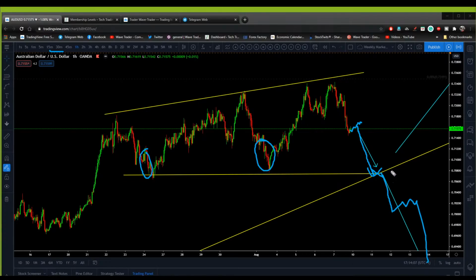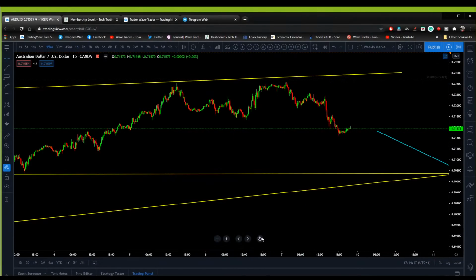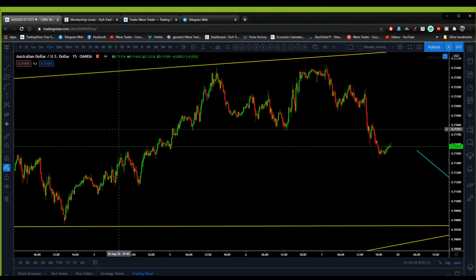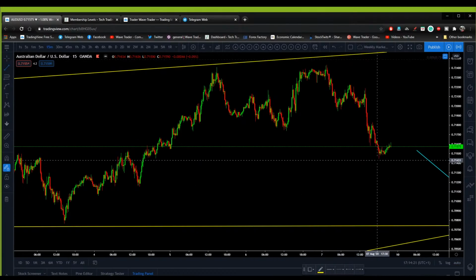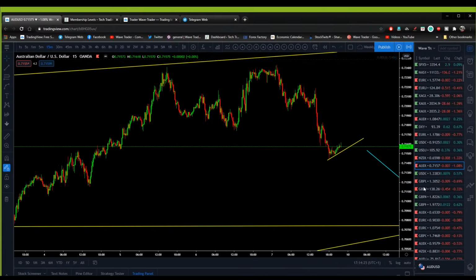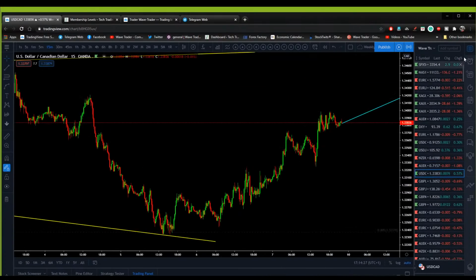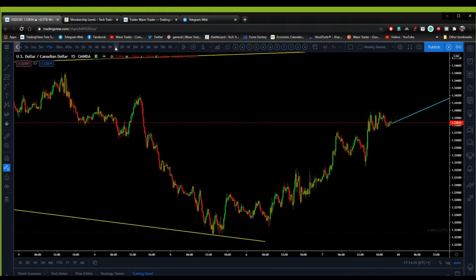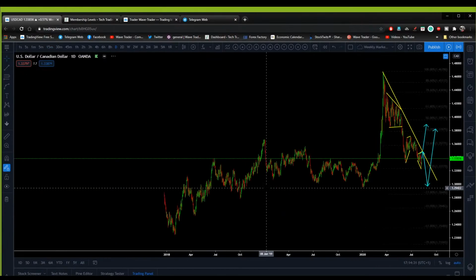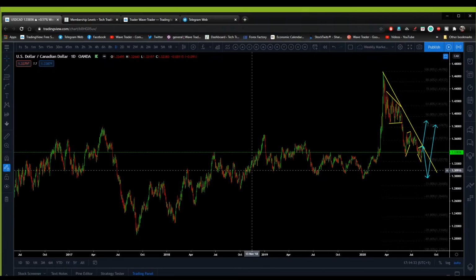If it doesn't break down and bounces off, a short term buy, go back up with this trend to that top or the next leg higher. So once the market opens, you simply look at this 15-minute correction to break down, and the arrow is showing where to go. So that's the dollar Australian dollar, and a deeper pullback on the dollar CAD too.